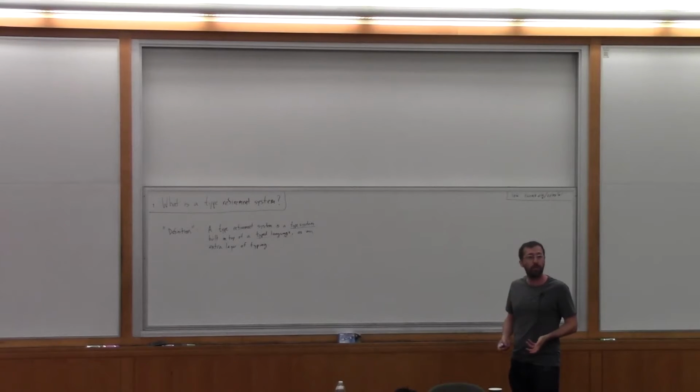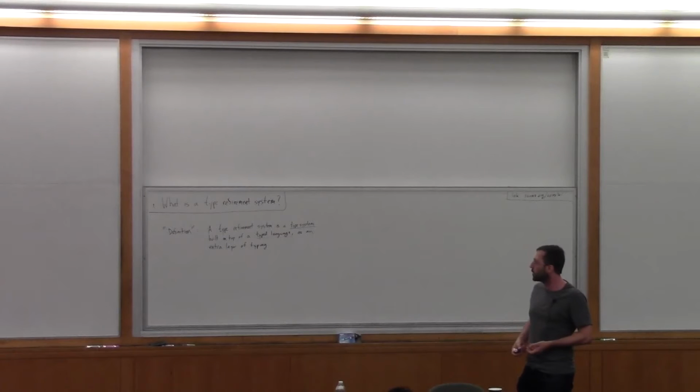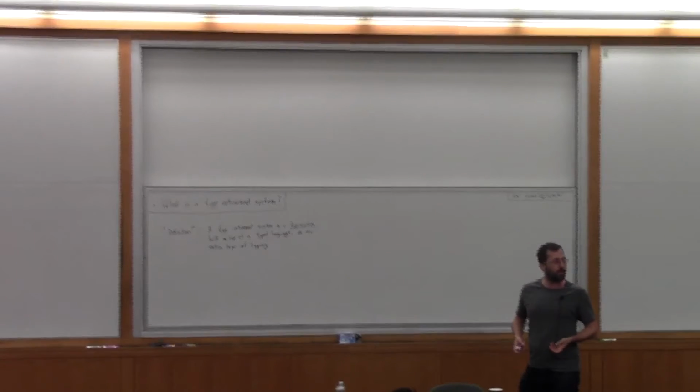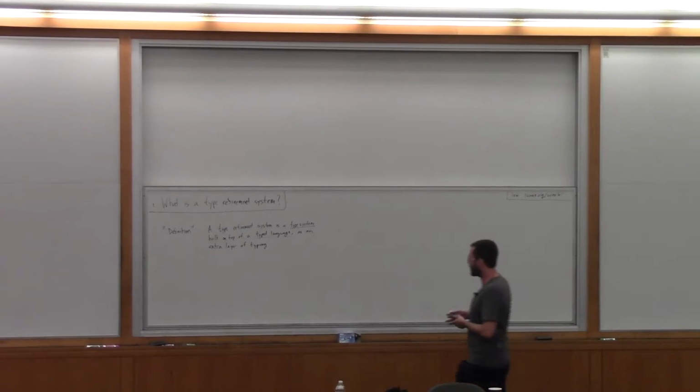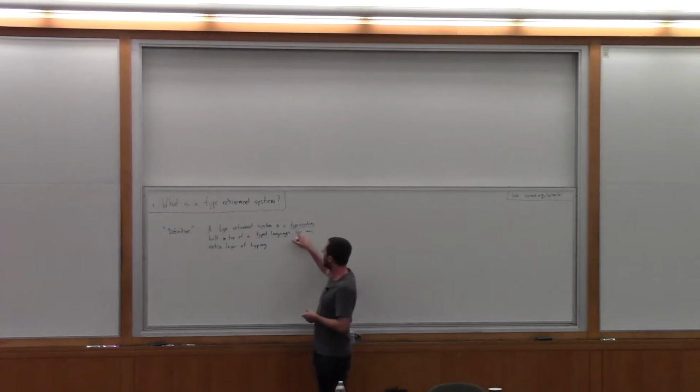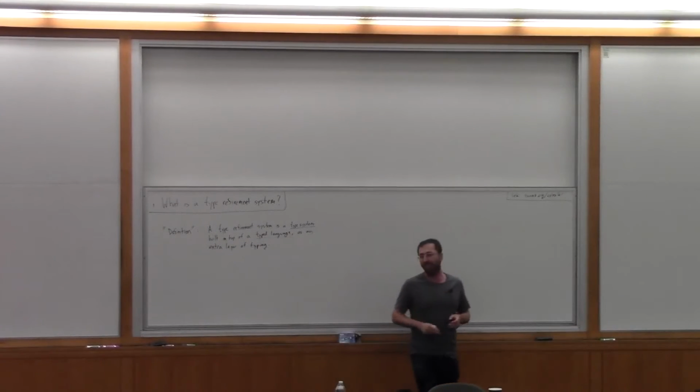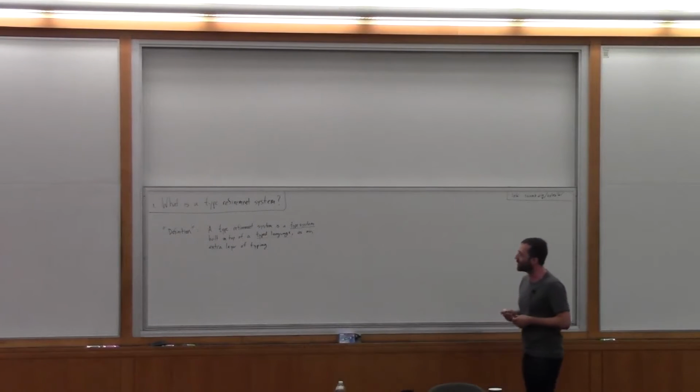Scheme is dynamically typed, so some people consider it to be a typed language. Also, pure lambda calculus is sometimes said to be uni-typed. So a type system is a bit fuzzy, and a typed language is also a bit fuzzy, but this basically gives the right intuition for what a type refinement system is.